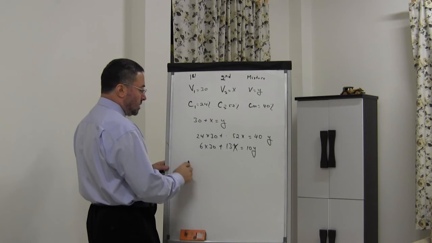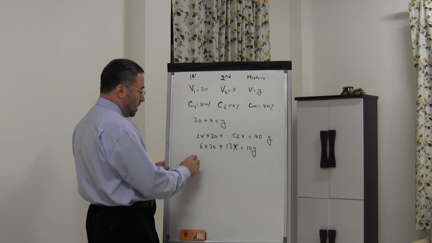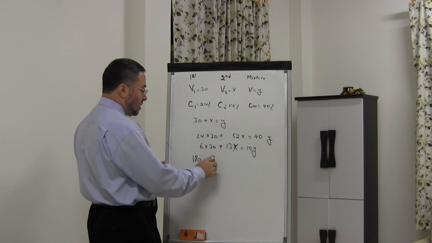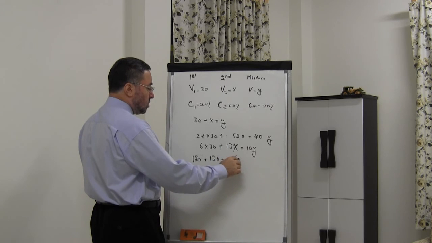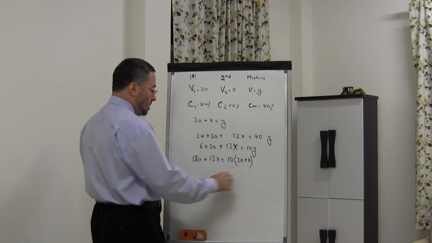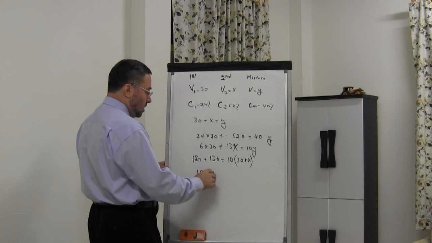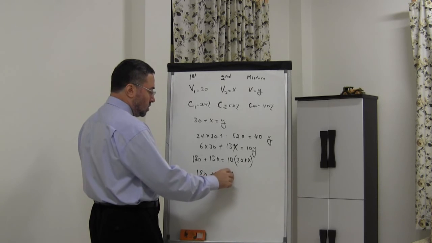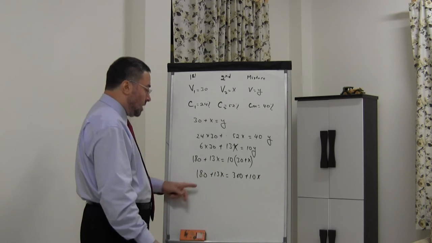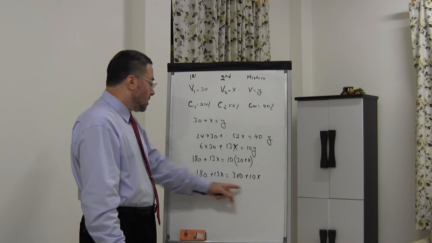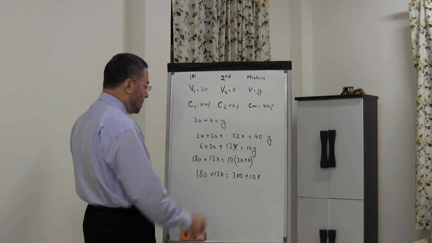And now we can replace. So this is 180 plus 13x equals 10 times (30 plus x). 180 plus 13x equals 300 plus 10x. And now we bring this here and take this to the other side.